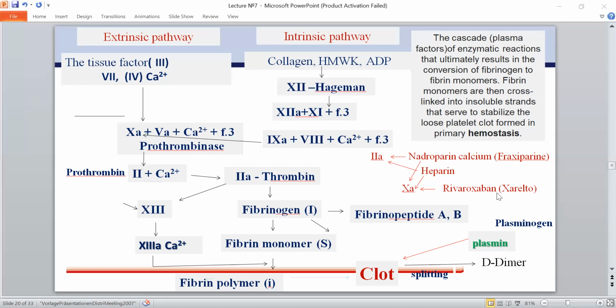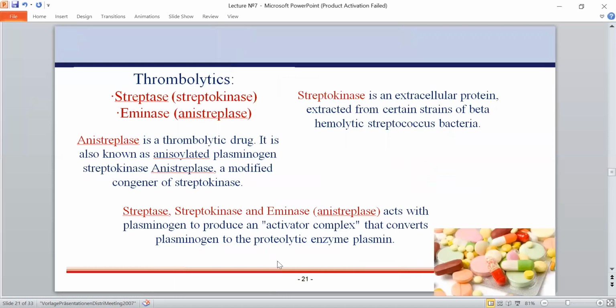Mechanism of action of streptokinase and anistreplase. Streptokinase and anistreplase are thrombolytic drugs. Anistreplase is also known as anisoylated plasminogen streptokinase activator complex, a modified congener of streptokinase.